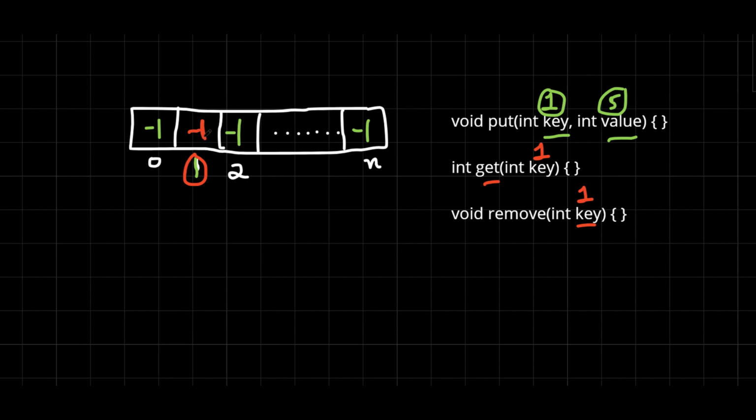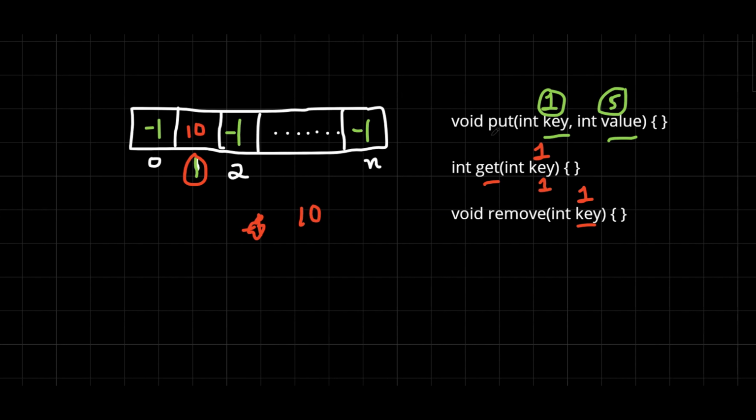That means here we have to return -1. Suppose in this corresponding index, the value present is 10 or something else. Suppose it is 10. So by using the get method, we will simply get the value 10, if we call the get method using the index 1.